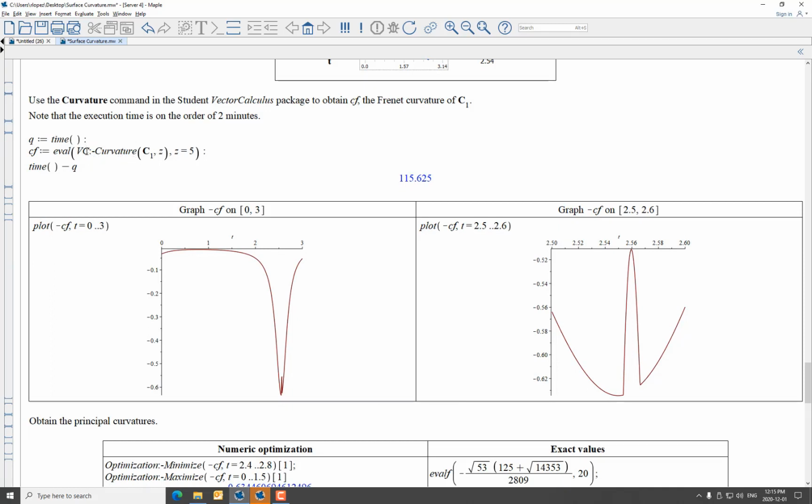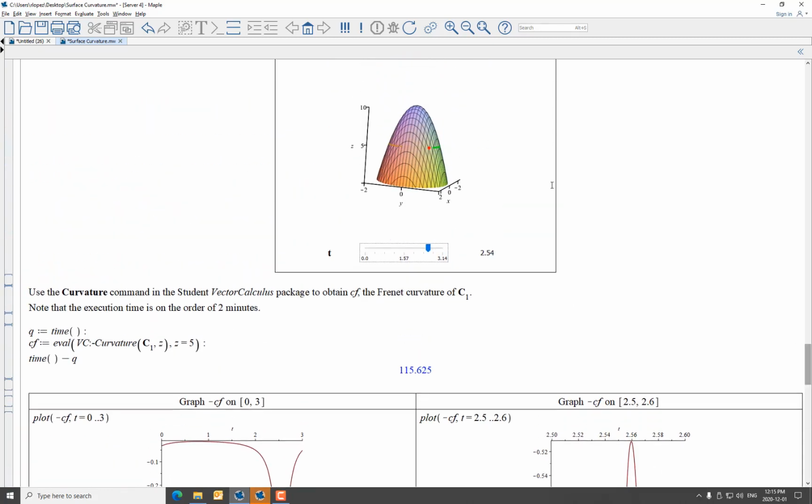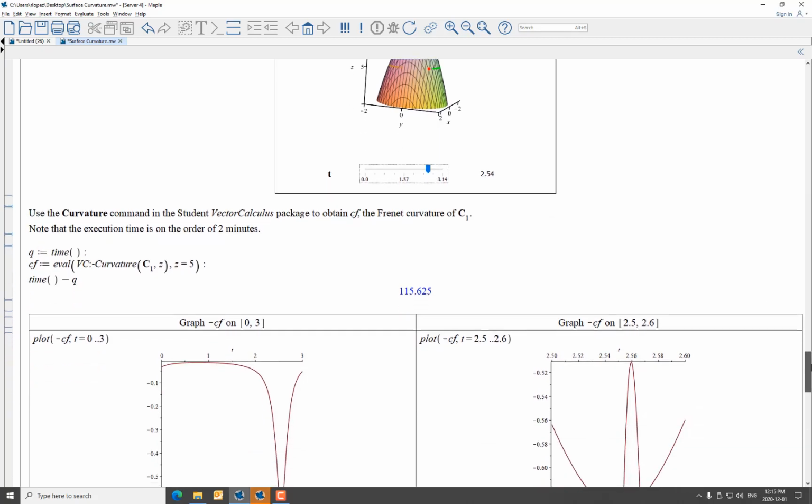So I used the vector calculus curvature command, and I timed this because it seemed to take forever, but actually it takes only 2 minutes to do this calculation of the curvature. So I drew the graph of the normal curvature computed by this recipe, and I see this funny thing down here, and I magnified a funny thing over here, and discovered that it's traceable to this jump from using C1 to using C2 for a very small part of the interval.